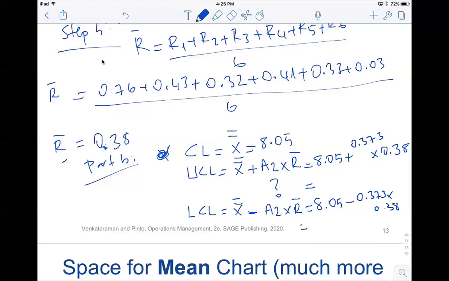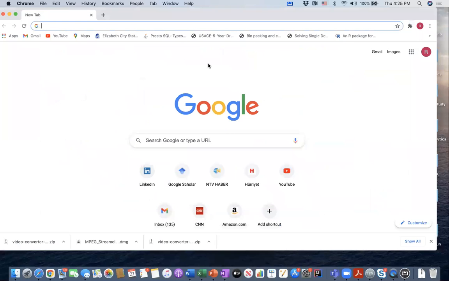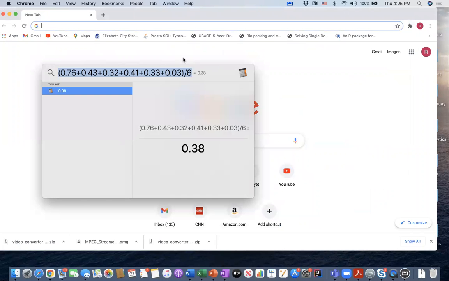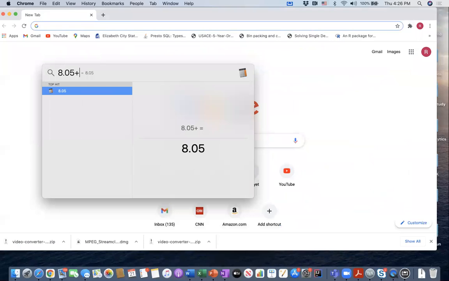Okay, so let's calculate UCL and LCL. All right, open up the calculator. So it's actually 8.05 plus 0.373 times 0.38. My upper control limit value is 8.19174.